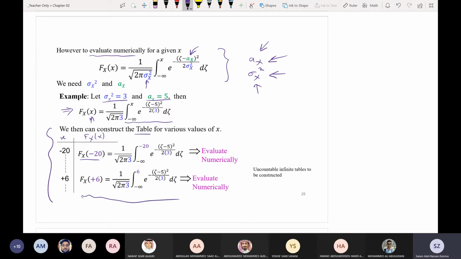One table for every ax, one table for every sigma x squared, which is many tables to be constructed. واضح يا شباب الفكرة؟ For every specific random variable with every specific average value ax and variance sigma x squared, I need to calculate this table again and again and again. صح ولا لا؟ شباب واضح الفكرة اللي I'm trying to say here.